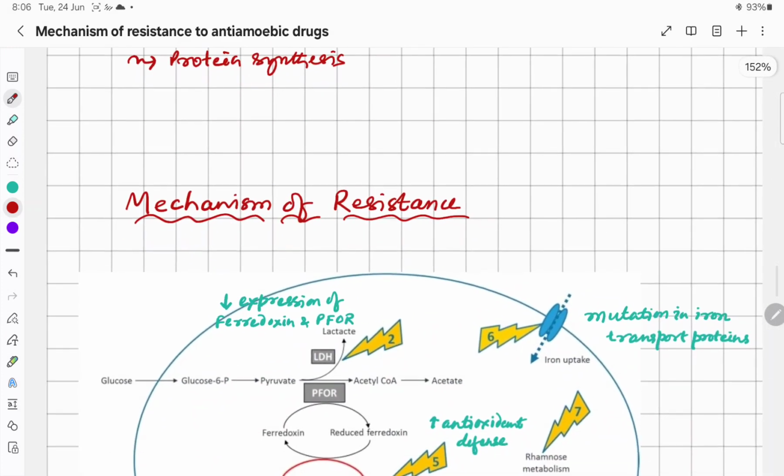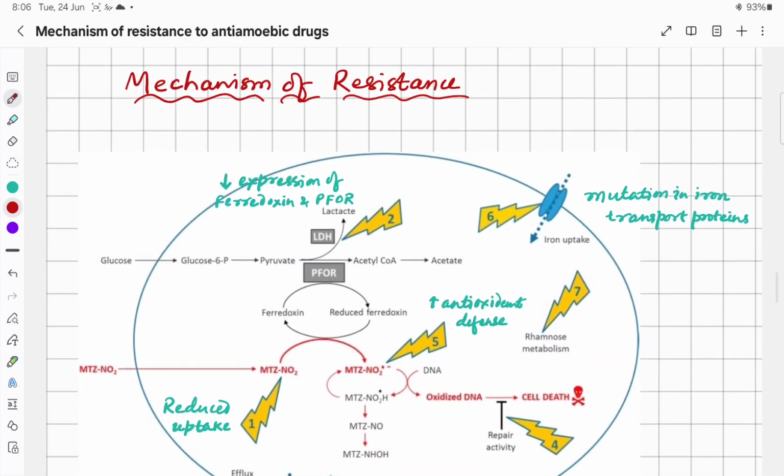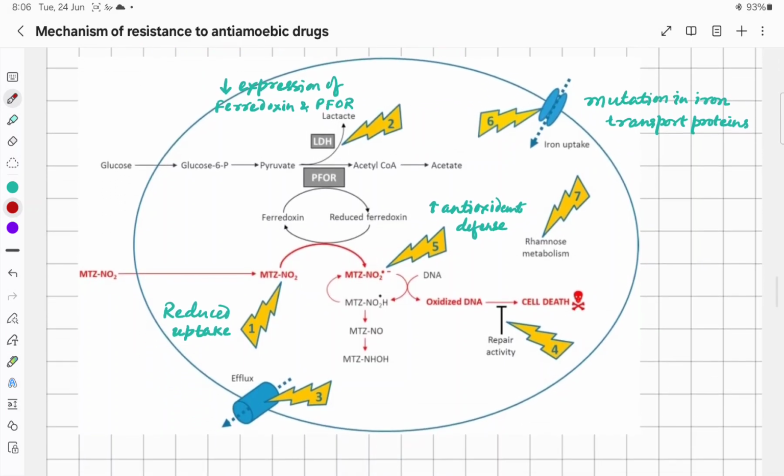So now we will discuss the mechanisms of resistance, and in this one figure we can discuss them. First mechanism, if there is reduced uptake of metronidazole, the metronidazole drug concentration will be less inside the amoeba. Second, by reduced expression of either ferredoxin or the enzyme PFOR.